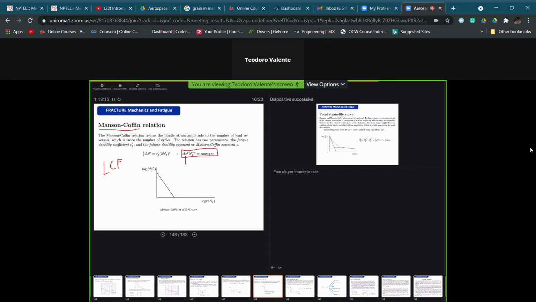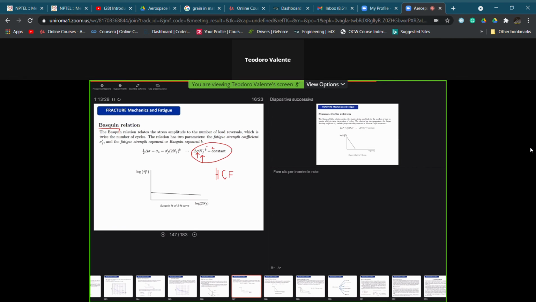This is also constant, and this is the model which can be used if we want to model macroscopically the LCF fatigue.